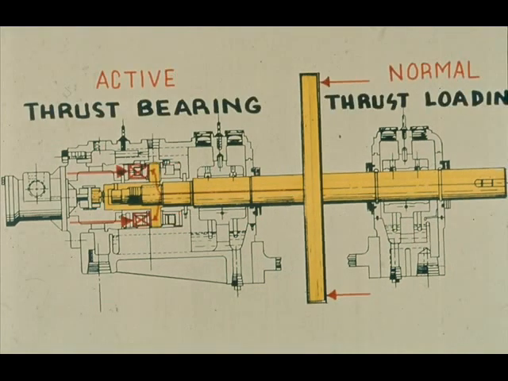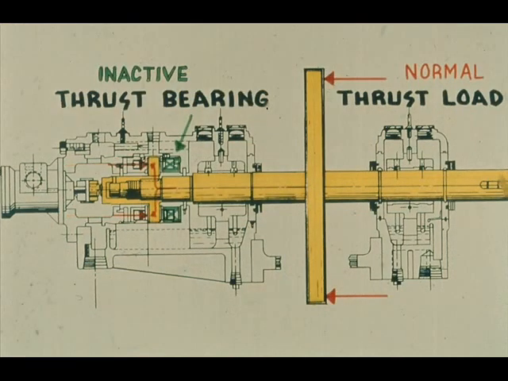The bearing carrying the thrust load during normal operation of the machine is the active thrust bearing. The bearing unloaded during this period of operation is known as the inactive thrust bearing.